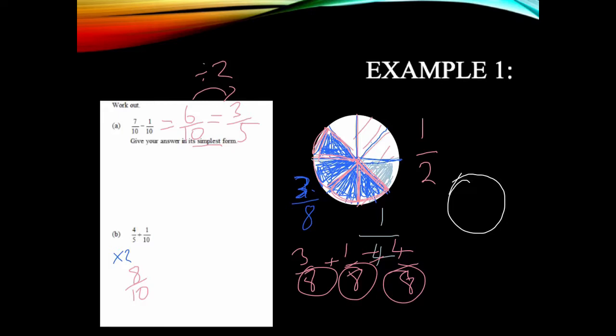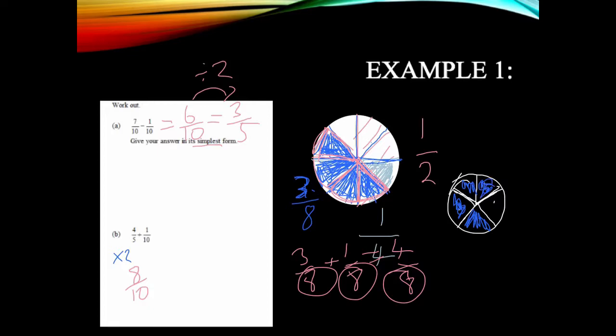If I show it in terms of fifths, I'll see if I can do this as neatly as I can. Okay, you've got to use your imagination a little bit with this. All these are the same size. So these are all fifths. 1, 2, 3, 4, 5. If I have 4 of them, let's shade it in blue. So here's 1, 2, 3, 4 of them.